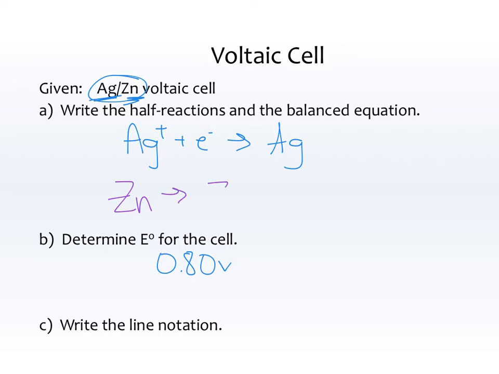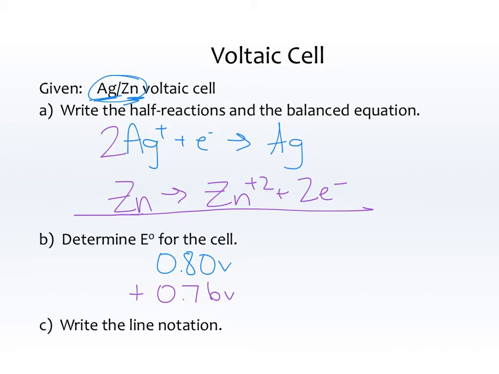Zn turns into Zn+2 plus 2 electrons. And on the chart, that is a negative 0.76, but since we're going to flip it, we'll make it a positive 0.76. So if we're going to add the half reactions together, notice that your electrons do not cancel unless you multiply all of the silver things by 2.